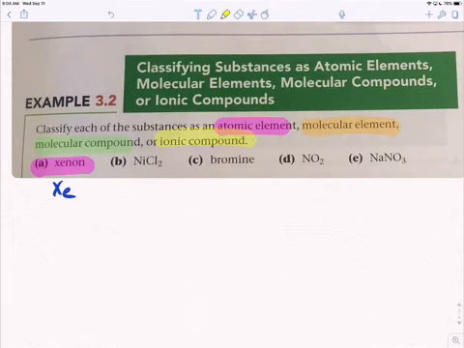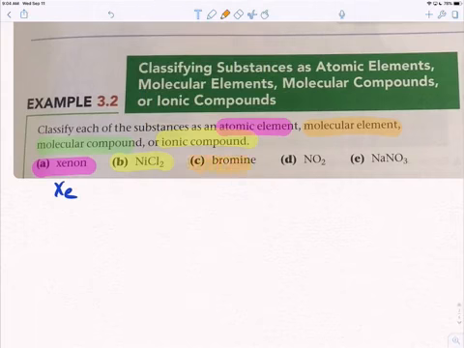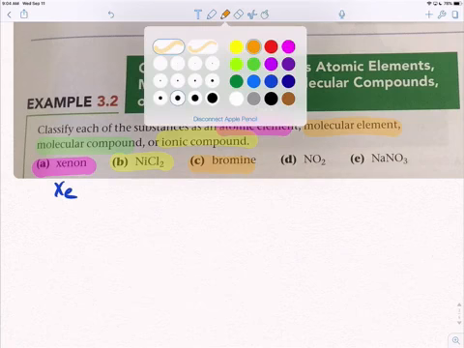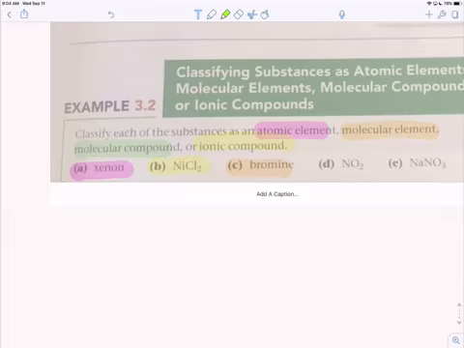Ionic compound. Okay, so the next one, and if you can't see the colors, nickel chloride: this is a metal and a nonmetal. That's an ionic compound. And I'm highlighting bromine. Bromine is a nonmetal. It forms a molecular element. NO2: these are a combination of nonmetals.